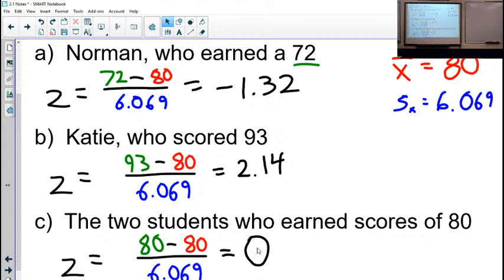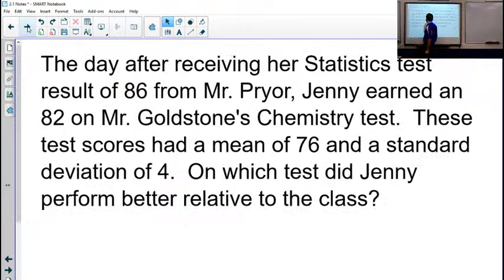So let's talk about another way that we can use z-scores. Another way that we can use z-scores is to have a comparison between different sets of data. So we have this statistics test.